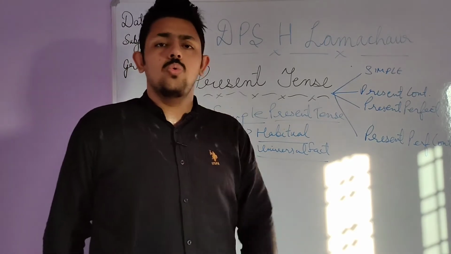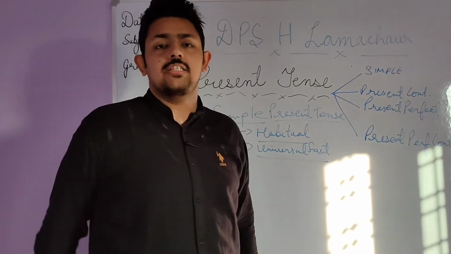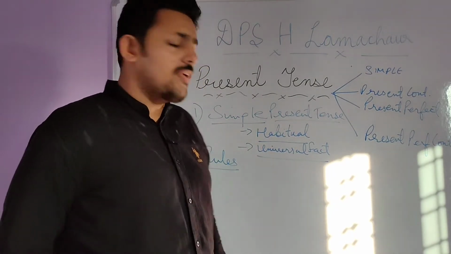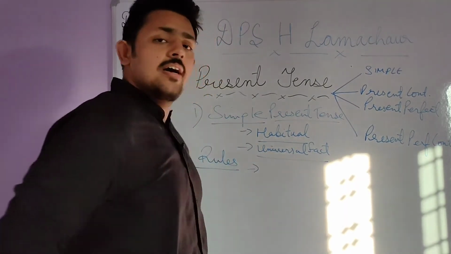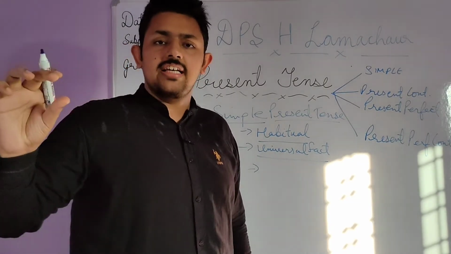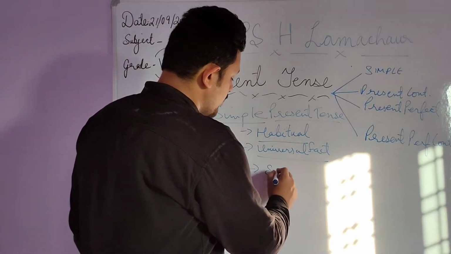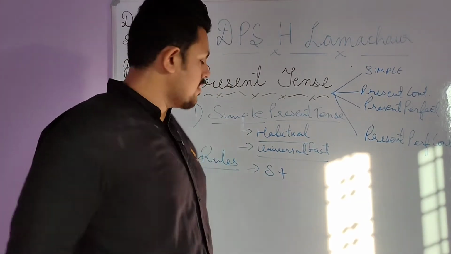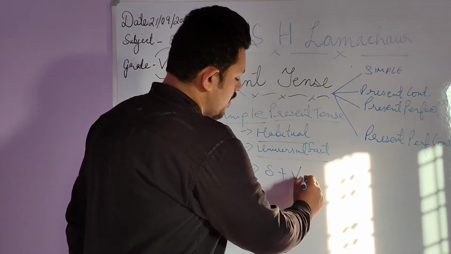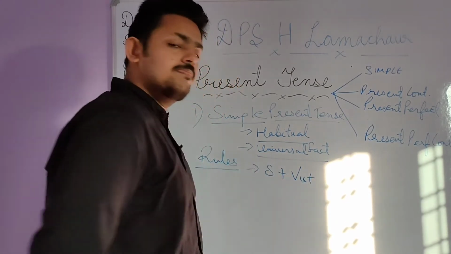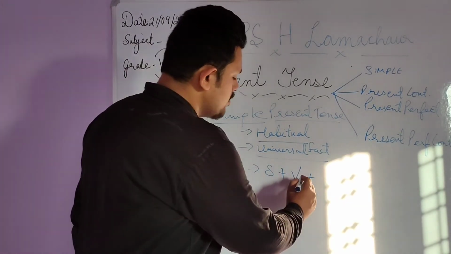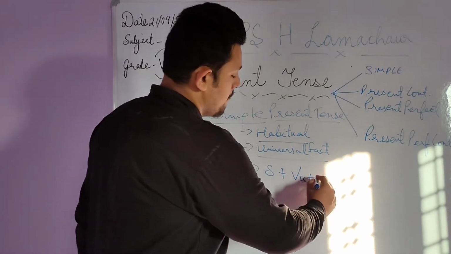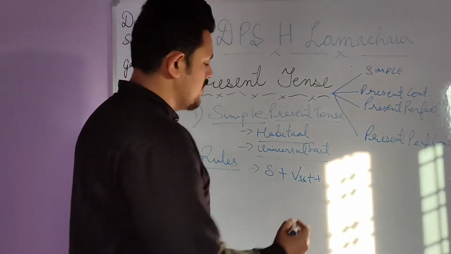So first rule, when you have a positive sentence, a general sentence, what is the rule? You all know that for a sentence we must have a subject. Subject plus the verb's first form plus our object.